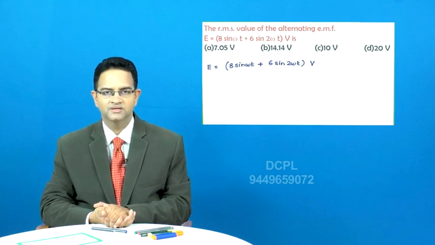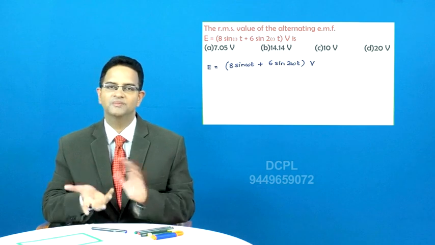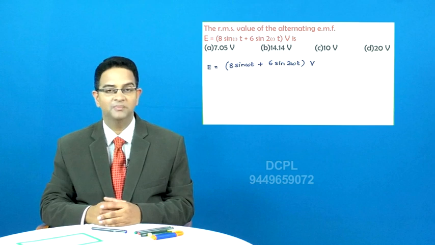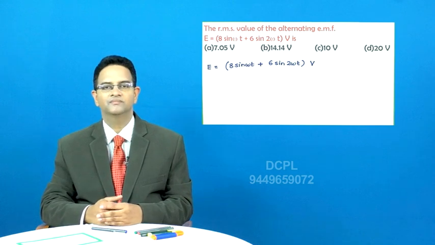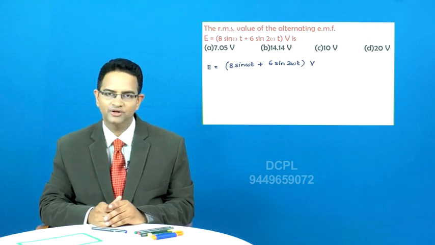Then you may use the cos A cos B + sin A sin B form or sin A cos B + cos A sin B form and accordingly get an expression for the peak value of the EMF. Anyways, we are going to skip both the methods and we are just going to use a shortcut.